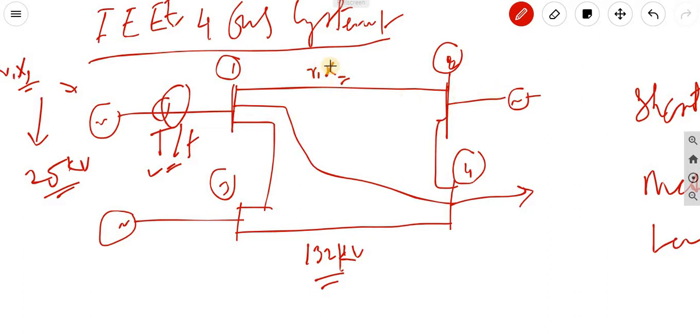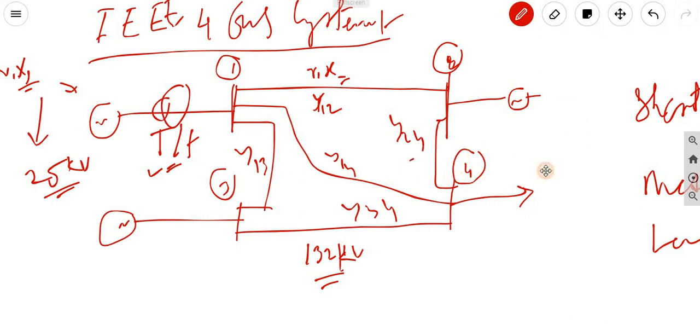If inductance and resistance are included, we get the equivalent admittance: for 1 to 2, for this line 1 to 4, for this line 1 to 3, for this line 3 to 4, for this line 2 to 4, in this way.